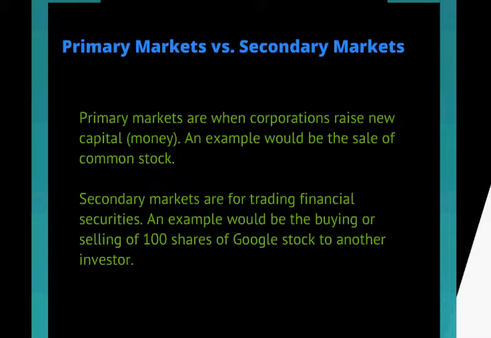Secondary markets are after a purchaser owns a stock or a bond and then trades it with someone else, so the money goes from the person purchasing to the person selling, and the company doesn't receive any of that money. So that's a secondary market. Most trades are going to be in the secondary market.